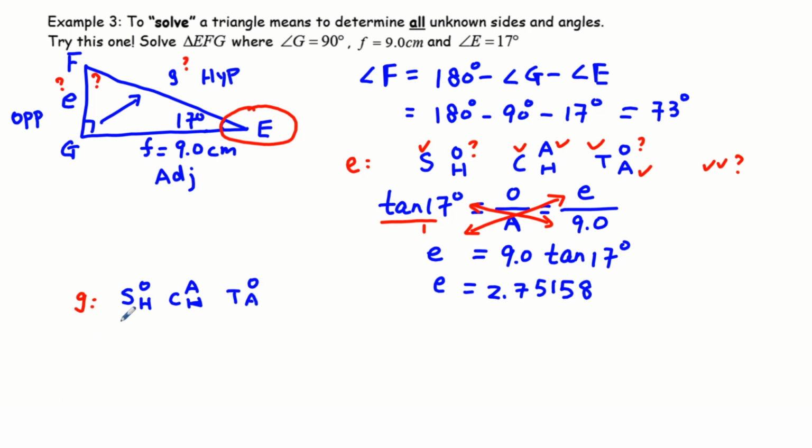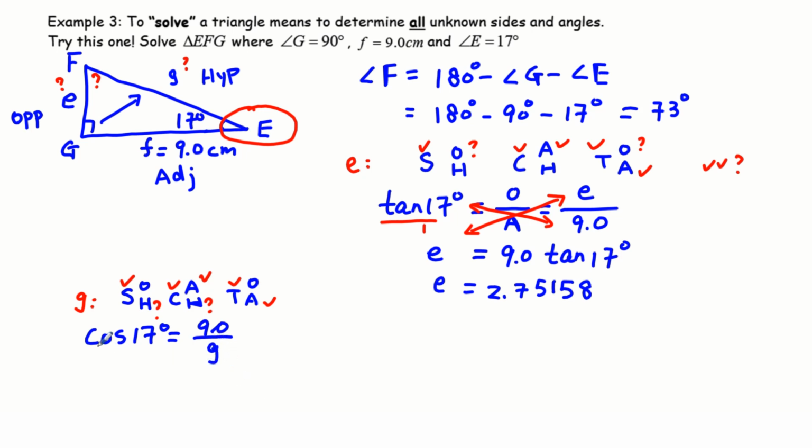We have sine, cosine, tangent 17 all given, adjacent given, and we want to find the hypotenuse. Then you will see only CAH has two given and one unknown. Now we have cosine 17 degrees equals adjacent over hypotenuse, which is G.